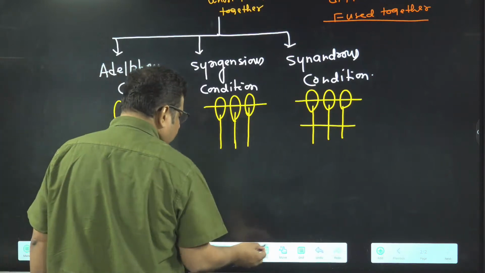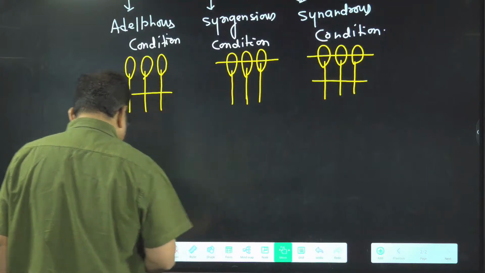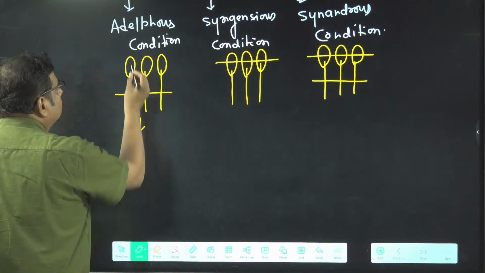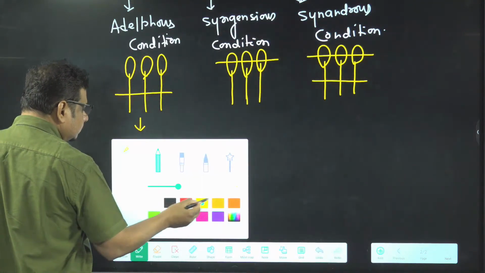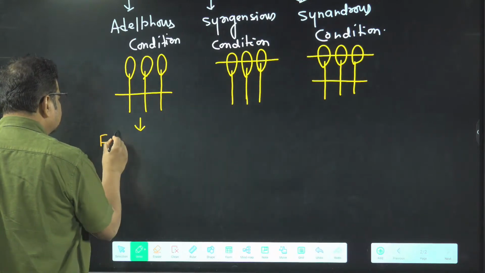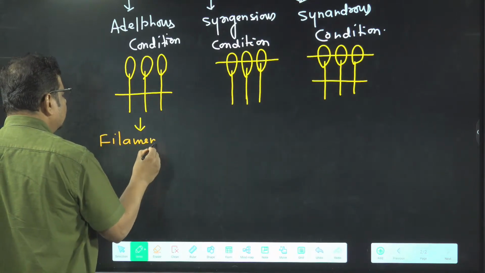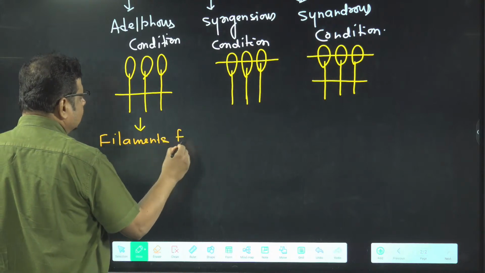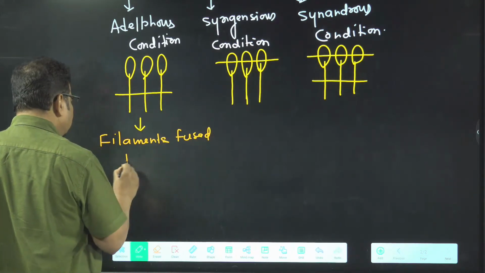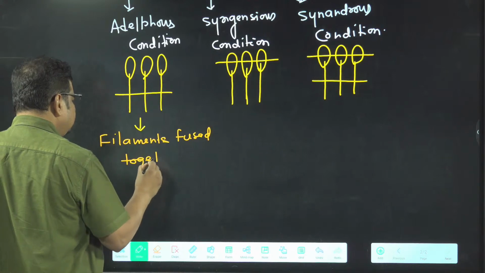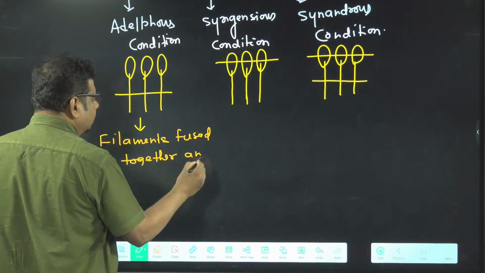Now have a look. In Adelphous condition, filaments fuse together and anthers remain free.